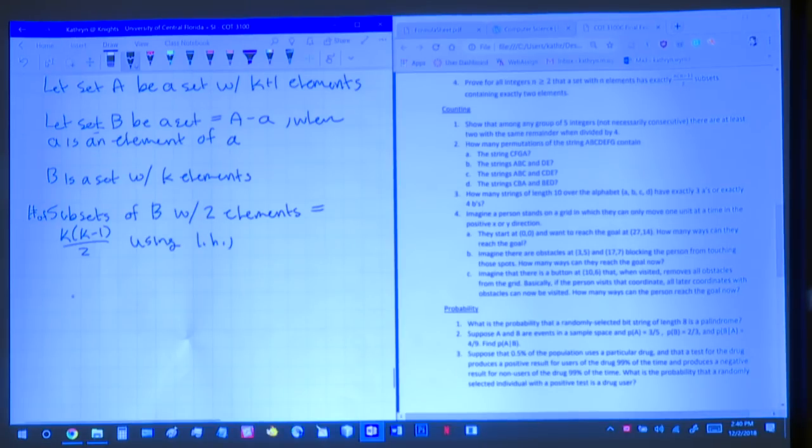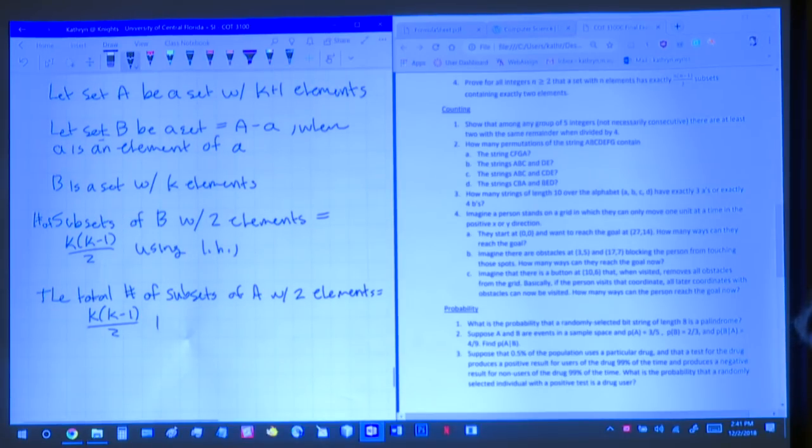So there's only k subsets that fall under that. So the total number of subsets of A with 2 elements equals k times k minus 1 over 2 plus k.